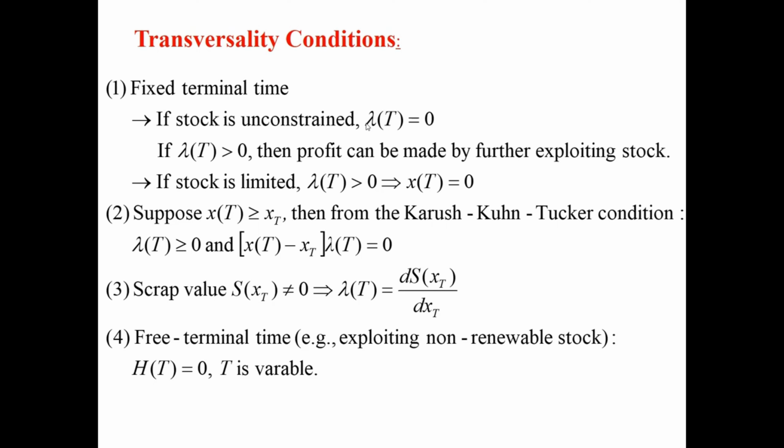And we refer to that in condition 3 as the scrap value, and that means that the salvage value x subscript big T is not equal to 0, and then we find that the shadow price is simply given by the derivative of the salvage value with respect to the state variable.